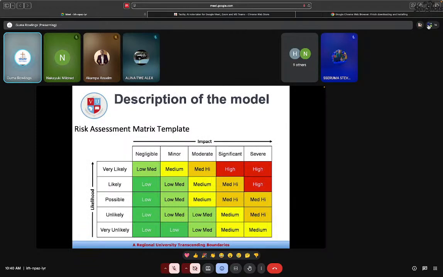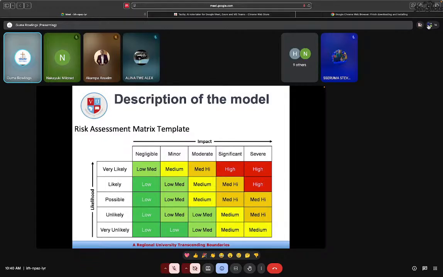So this is a template for the risk assessment matrix. We're looking at the likelihood vis-a-vis the impact of the risk factors. How likely is a risk factor? When you look at an institution that has no two-factor authentication, what is the risk factor? For example, a brute force attack, how likely is it? Then what would be the impact if it happened?